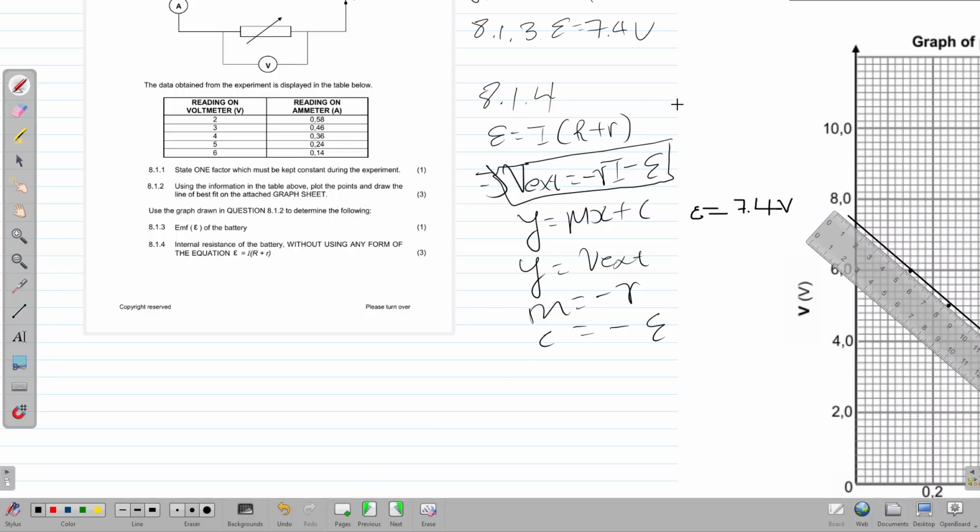Sorry, this should be positive. When they say without using any form of this equation, we must use the fact that the information is in this form, so we will calculate the gradient using the graph. That's what they mean. So let's do that.